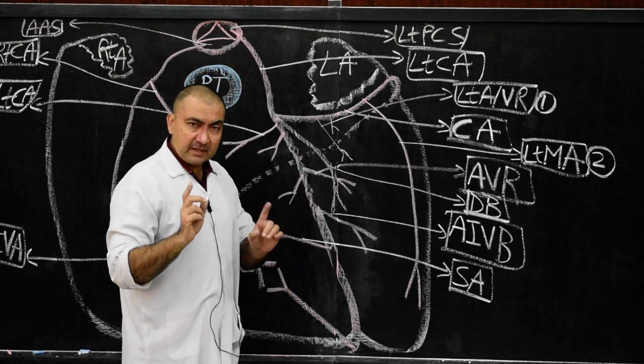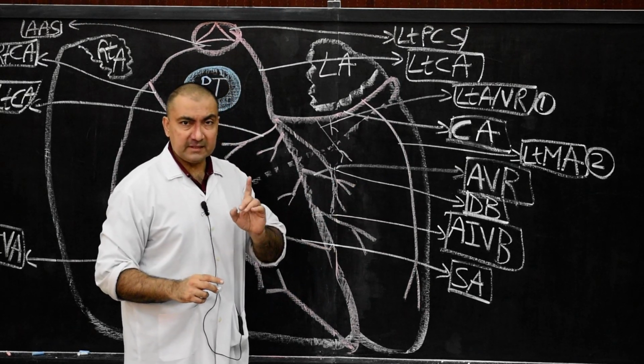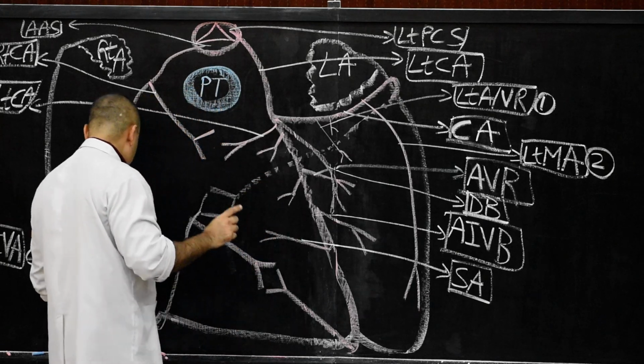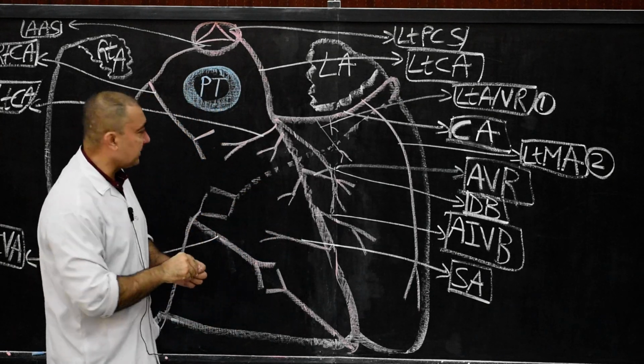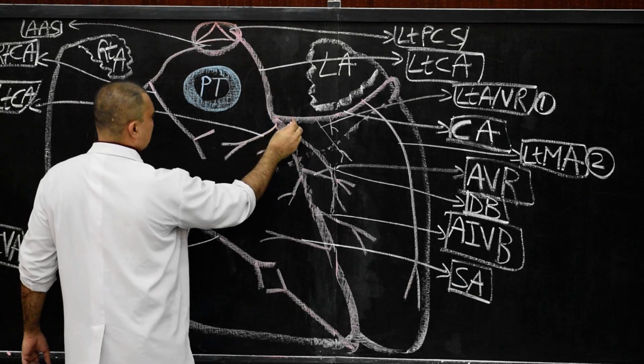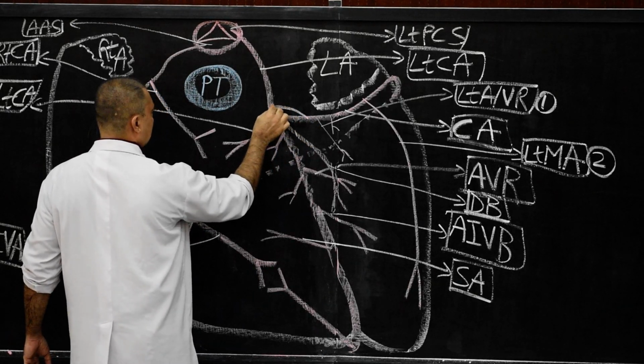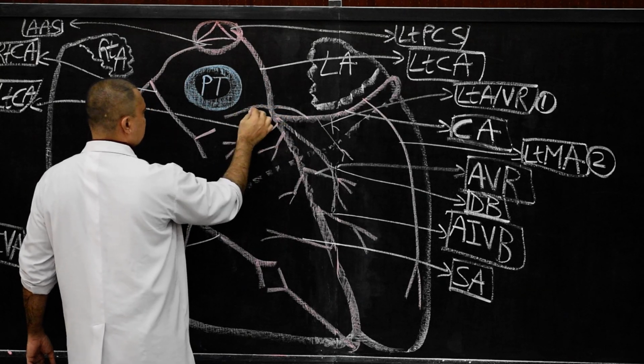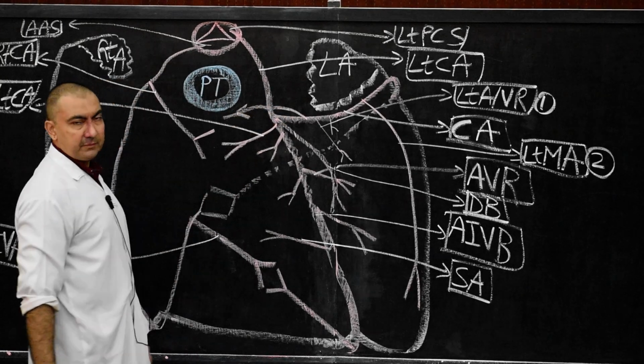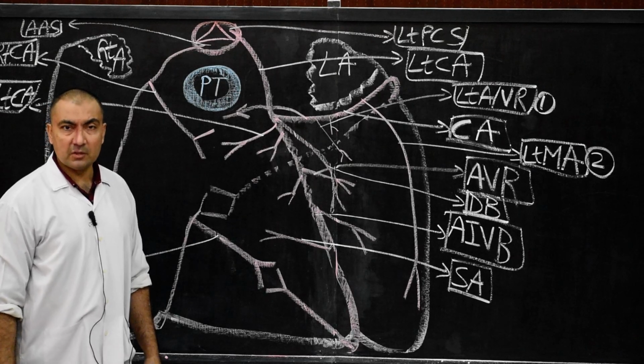Third branch, very interesting: in 35% of cases there will be the sinoatrial nodal artery. For that, please note down here, from this we will show one artery which will pass in this direction, and this will be the sinoatrial nodal artery.